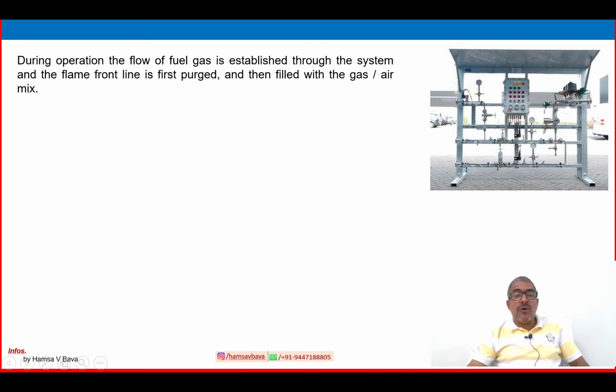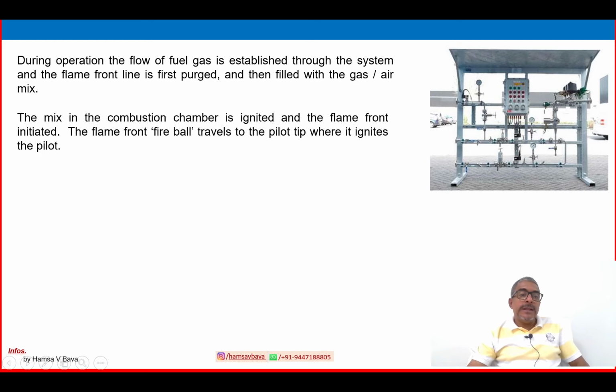During the operation, the flow of fuel gas is established through the system, and the flame front generator line is first purged, then filled with a gas and air mixture. The mixture in the combustion chamber is ignited by a spark and the flame front is initiated.